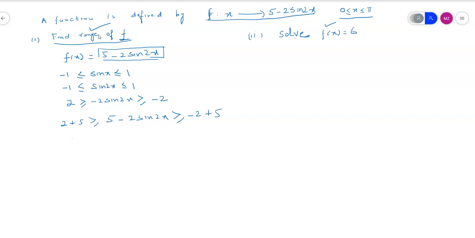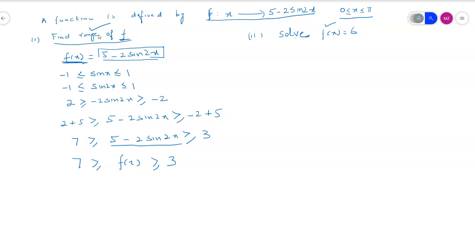It becomes 7 is greater than or equal to 5 minus 2 sine of 2x, and greater than or equal to 3. Now we know that this is our function, f of x. So 7 is greater than or equal to f of x, and greater than or equal to 3.